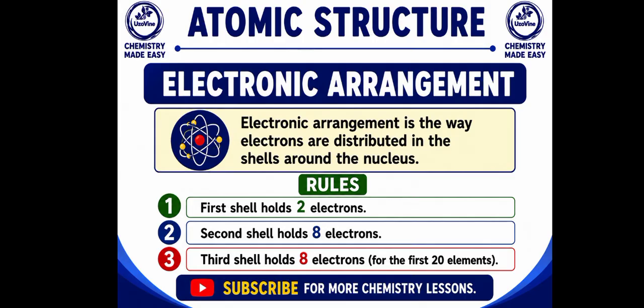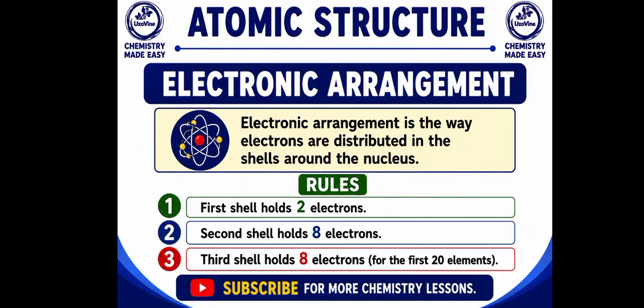And the third shell holds a maximum of 8 electrons for the first 20 elements. For the purpose of this lesson and at this level, please note that we are going to be considering just the first 20 elements, and we are going to be stopping at the third shell.